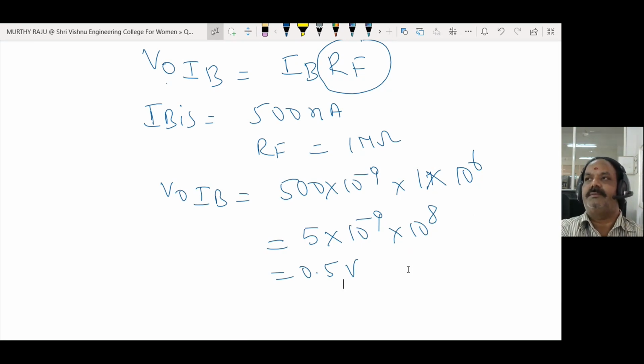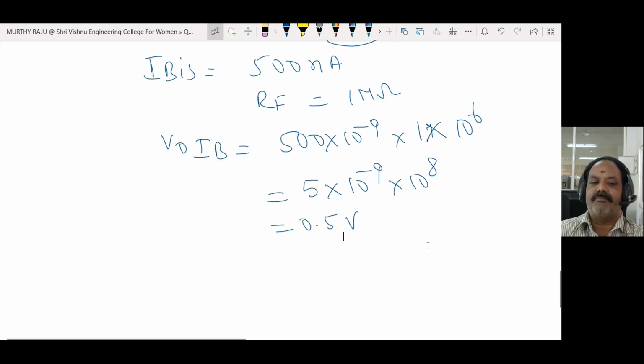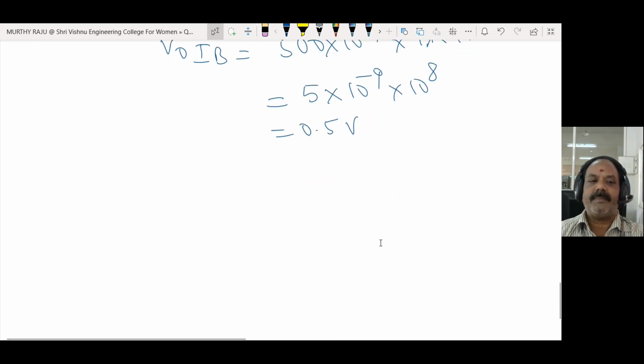Now coming to how to eliminate this offset voltage by using some compensation method, that is called as R compensation, used here. Another circuit here.